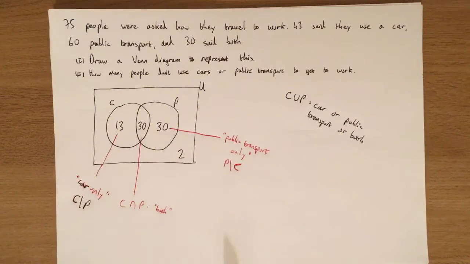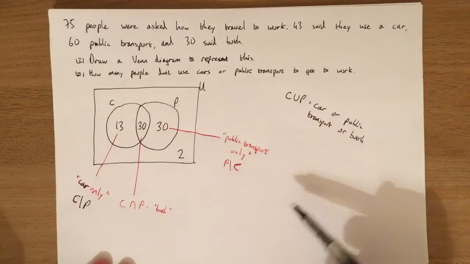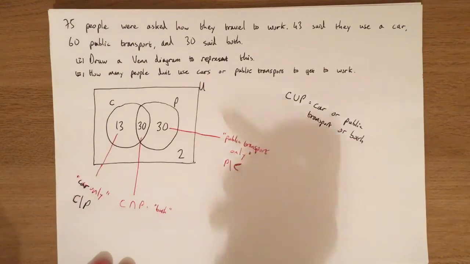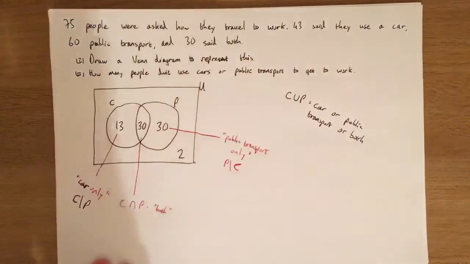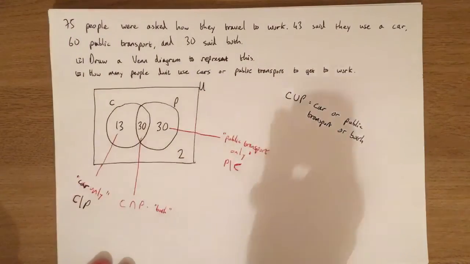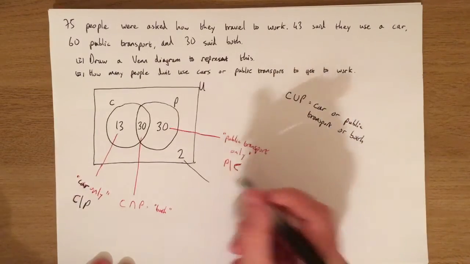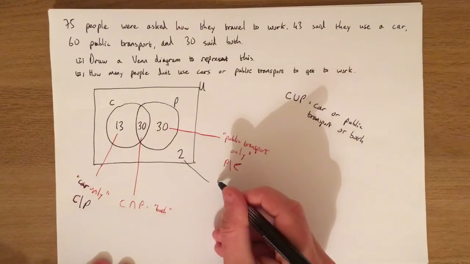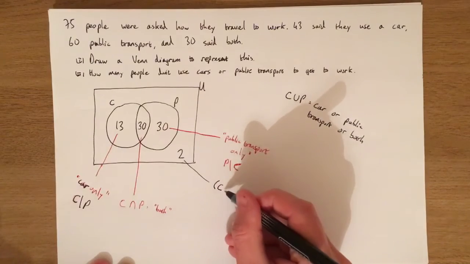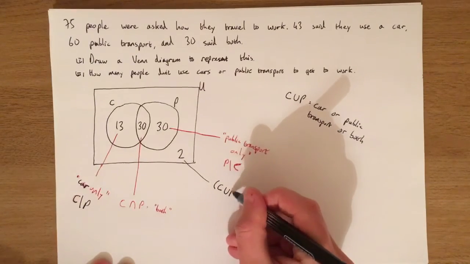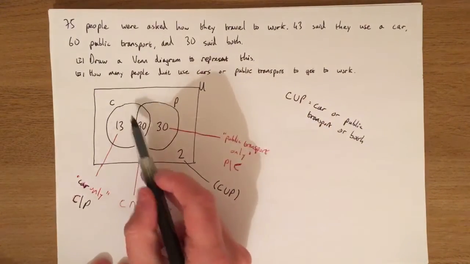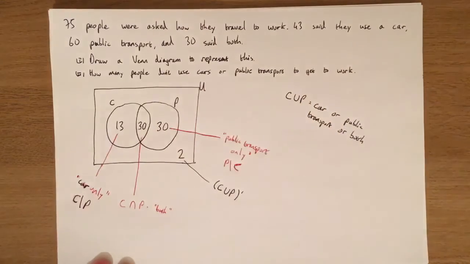The only kind of bit of the Venn diagram that I haven't described is the person out there in 2. So if I describe them, so they're inside the universal set, but they're not in C union P. So probably the quickest way of describing them in set notation would be C union P, so these people, complement.